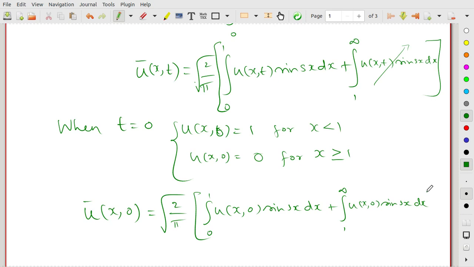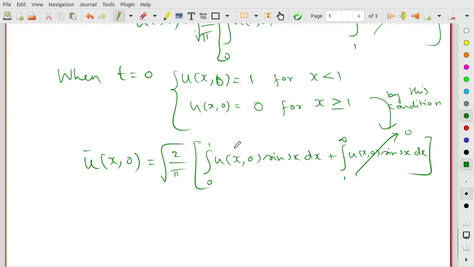And this becomes 0 by this condition, which is given already. Therefore this integral alone exists, and here u of x comma 0 is 1 for x less than 1.